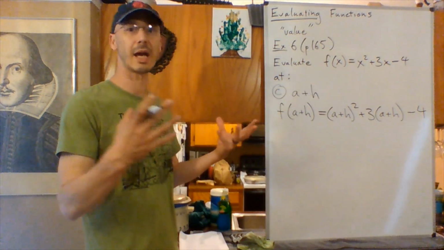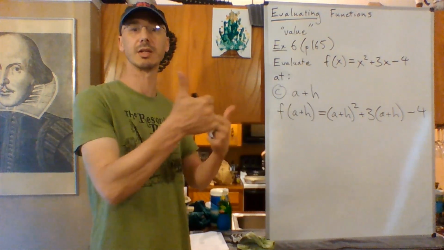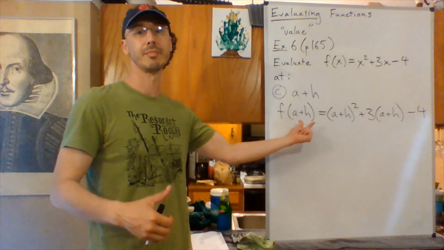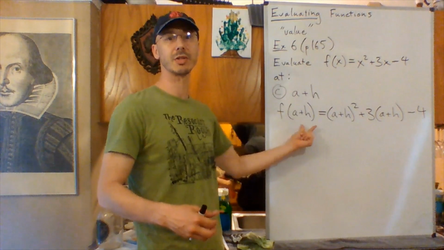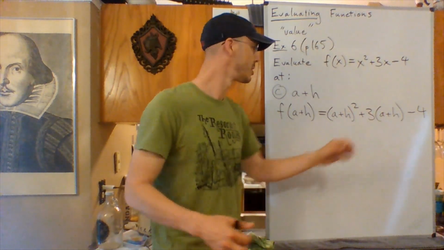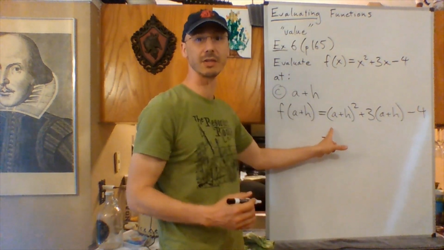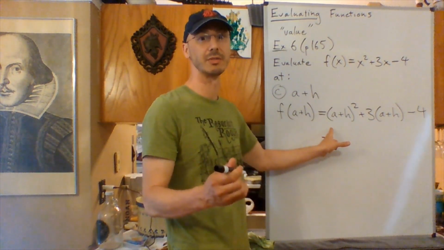So I just did exactly the same thing I did last time. Instead of a number or a single variable, I have a variable expression, and I replaced x with that variable expression. Now I need to simplify this, but it's still going to have variables in it. Watch out for this. This is not a squared plus h squared, and you know this.